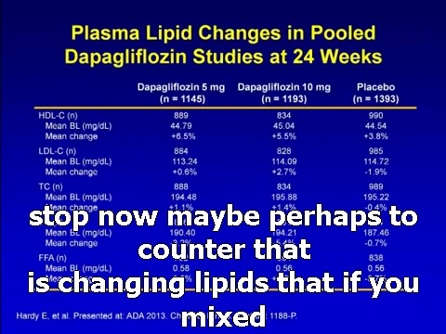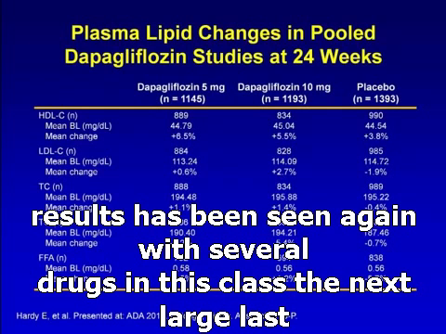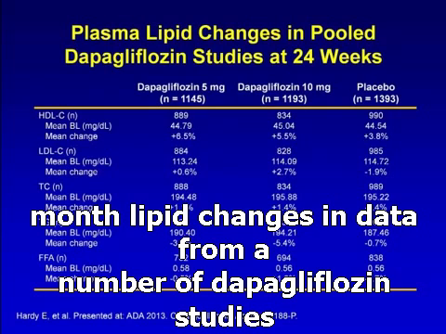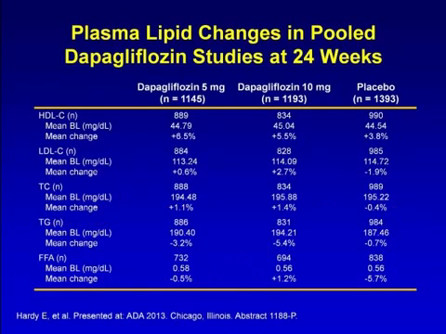Now, perhaps to counter that is a change in lipids that gives you mixed results, and that has been seen again with several drugs in this class. The next slide shows plasma lipid changes in data from a number of dapagliflozin studies.